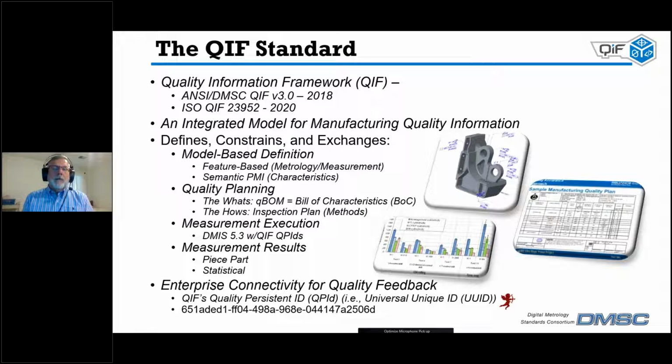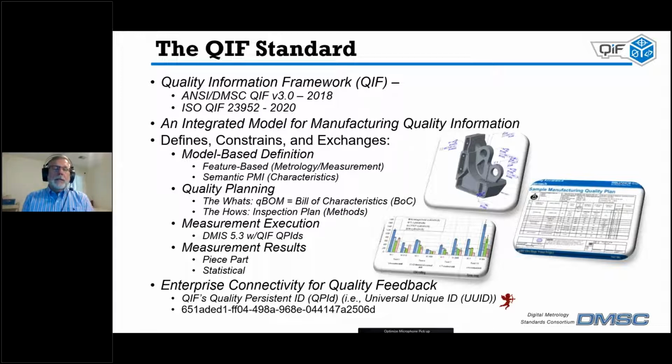We have semantic PMI, which are often called characteristics. There's a quality plan application that helps define the what needs to be measured, or a bill of characteristics. And then you can add and complement the whats with the hows. And once you identify how you're going to verify the whats, then we call that an inspection plan. So that includes those methods of how to inspect the whats.